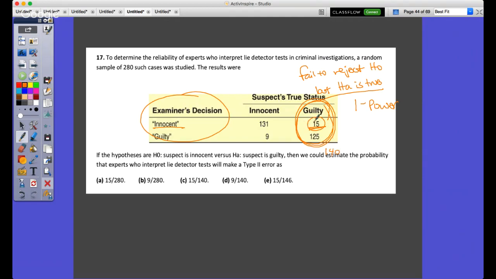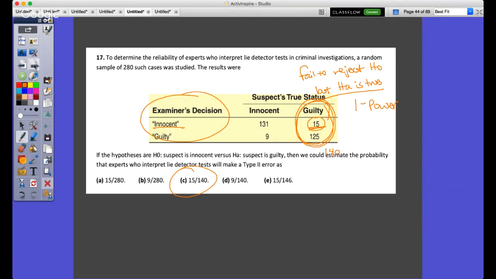So the probability would be 15 over my total possibilities, which is 140, which is C. Okay. So we failed to reject the null, but the alternative is true. Again, this is the true status. The alternative is true: the fact that they're guilty. However, I said that they were innocent. That is type 2 error, and therefore it would be 15 out of my total of 140.